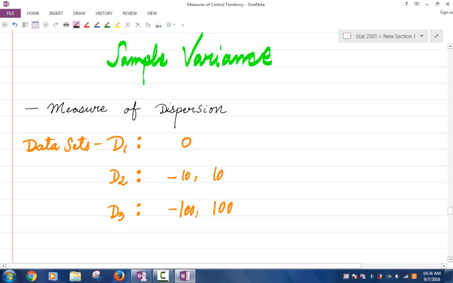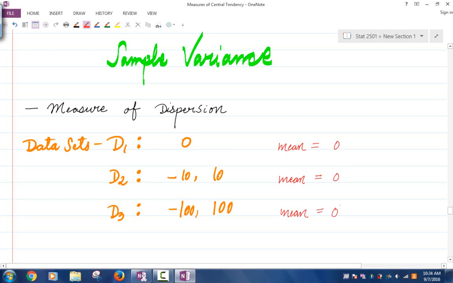If you look at the mean for each one of them, what do you get? What's the mean of the first data set? What's the mean of the second one? They all have the same mean, 0, right?